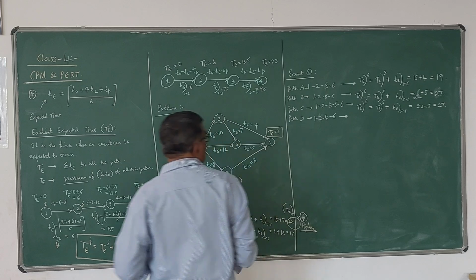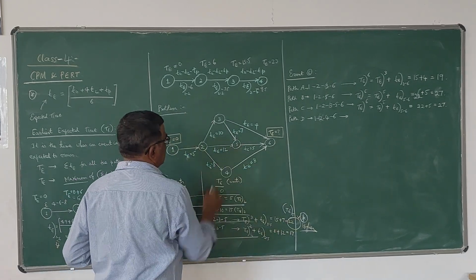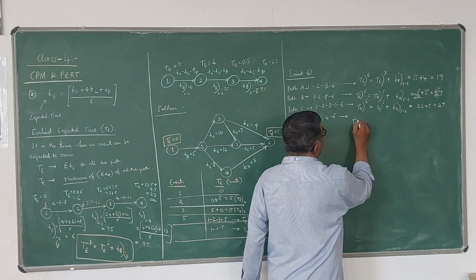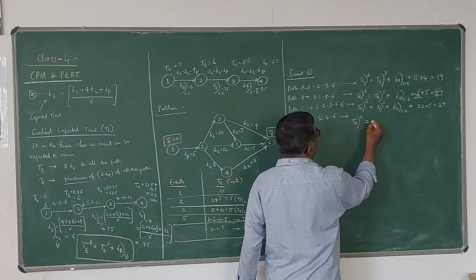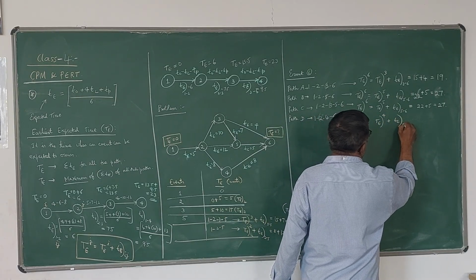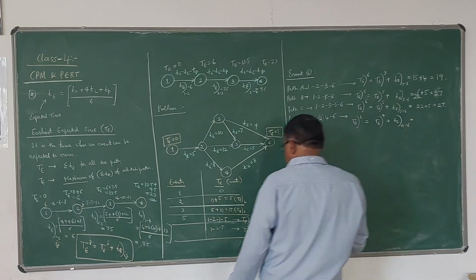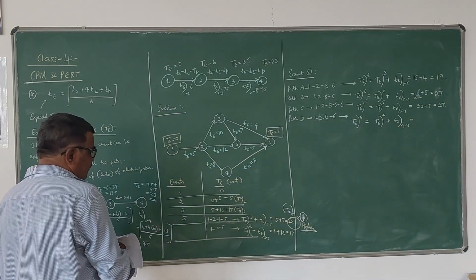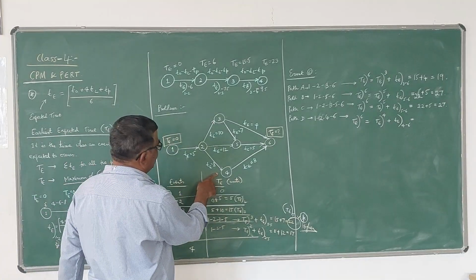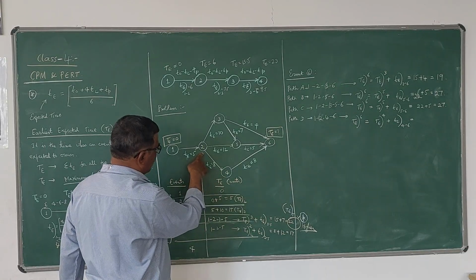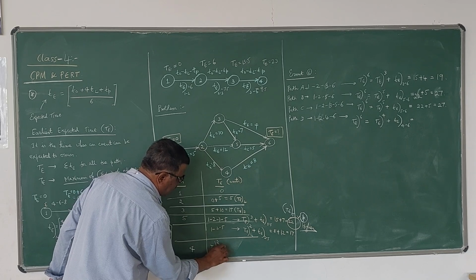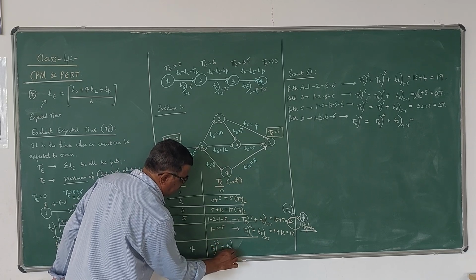Lastly, for path D, it is 1, 2, 4, 6. For 6, the predecessor is 4. Therefore TE of 6 is TE of 4 plus t of 4, 6. Now I want the TE of 4. For the fourth event, the immediate predecessor is 2. TE of 4 is nothing but TE of 2 plus small t of 2, 4.